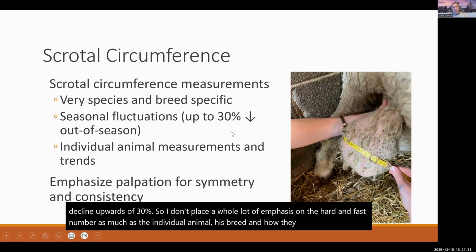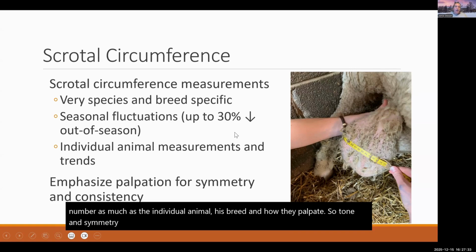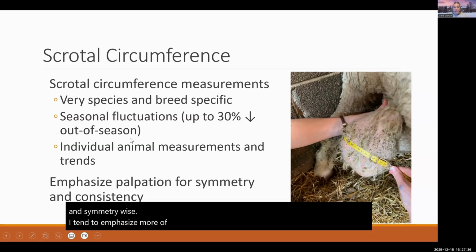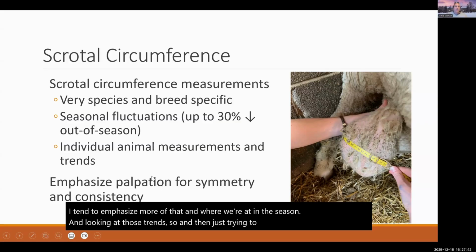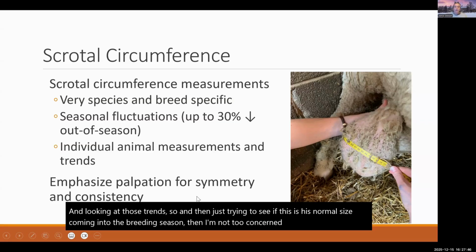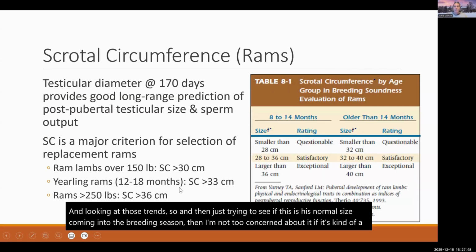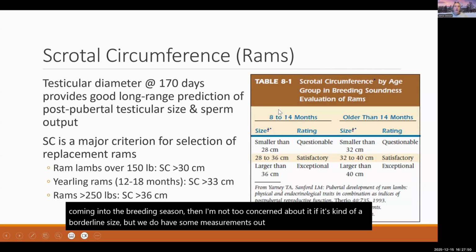So tone and symmetry wise, I tend to emphasize more of that and where we're at in the season and looking at those trends. And then just trying to see, if this is his normal size coming into the breeding season, then I'm not too concerned about it if it's kind of a borderline size. But we do have some measurements out there for both rams and bucks kind of as guidelines.